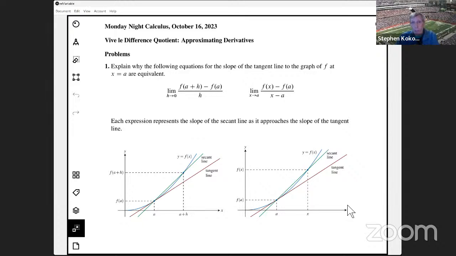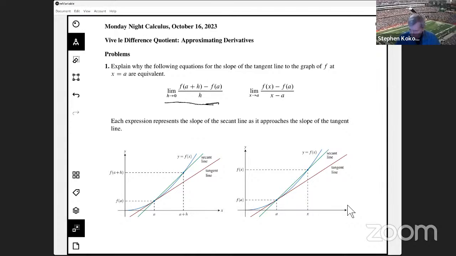And both of those problems lead me to one of these two expressions. Now, I have to confess that I usually get to this one first. And I don't know why, Curtis. To me, for whatever reason, that just seems to be a more natural expression or an easier one for my students to understand. And so what I'd like to do is to look at these two expressions graphically and see why they are equivalent.